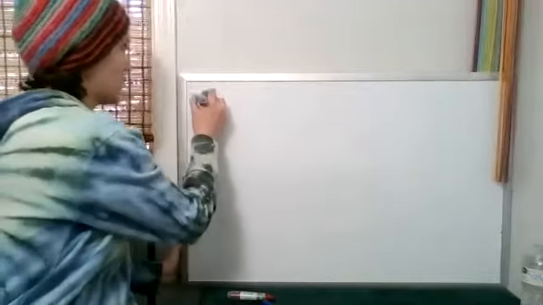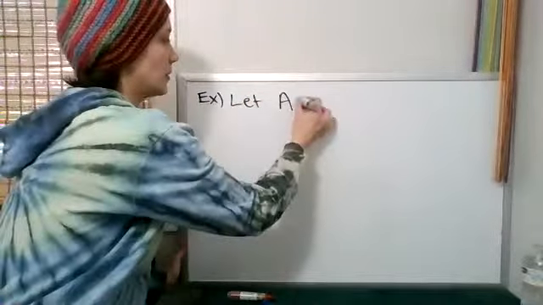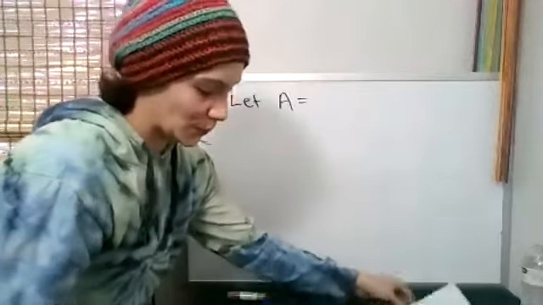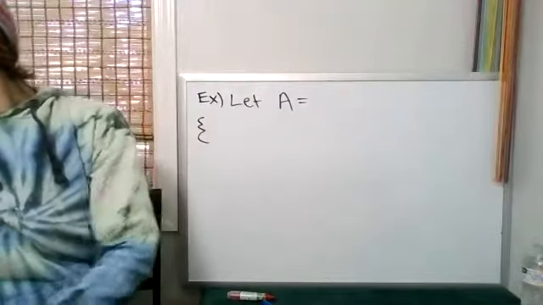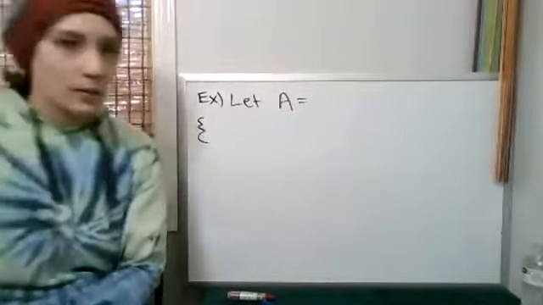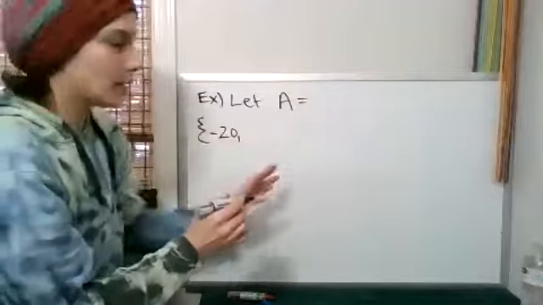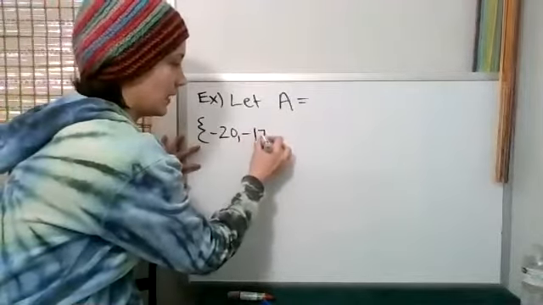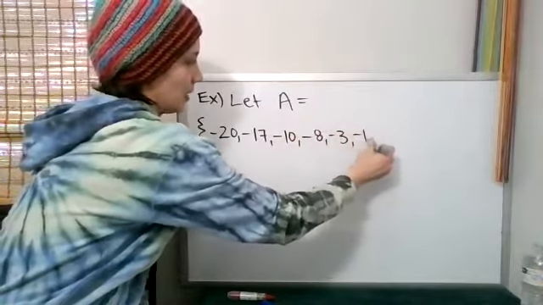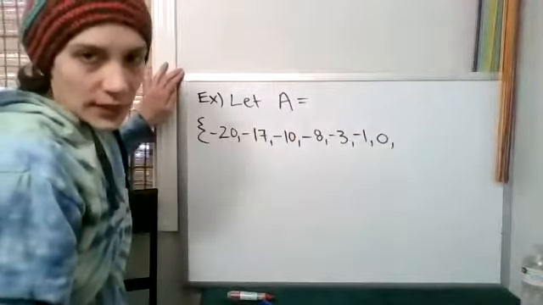So let the set A be equal to the set that contains, let's try, we'll start at -20 and work our way over: -17, -10, -8, -3, -1, 0, 1, 2, 4, 5.